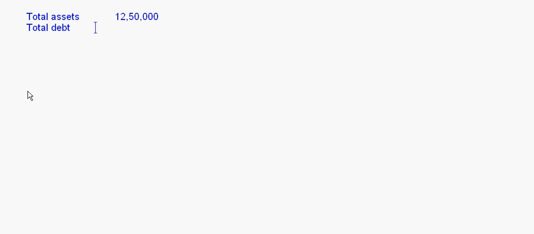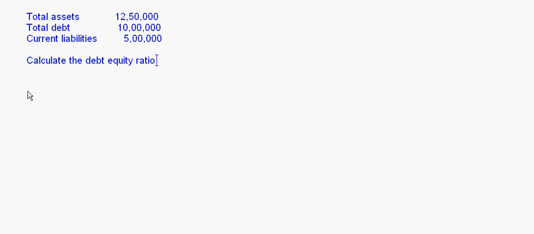Total debt is 10 lakh. Current liabilities is 5 lakh. That's it. From this you will have to calculate the debt equity ratio, right?